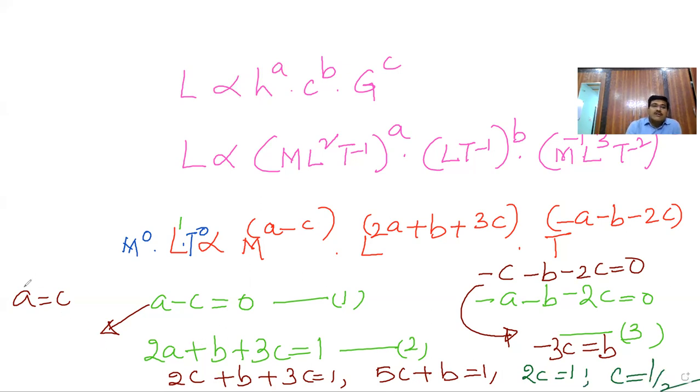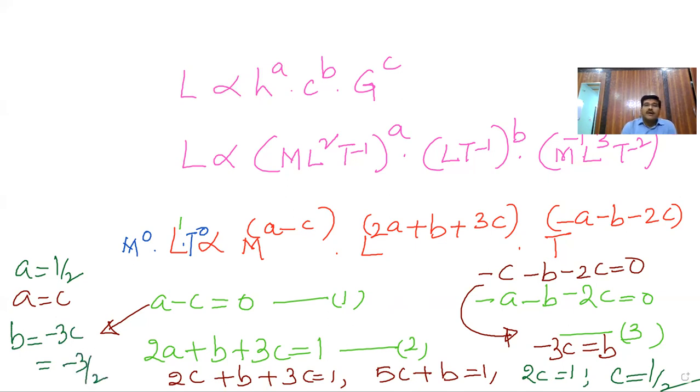Once C is half, A is equal to C, so A is also half. And B is minus 3C, so this becomes minus 3 by 2.